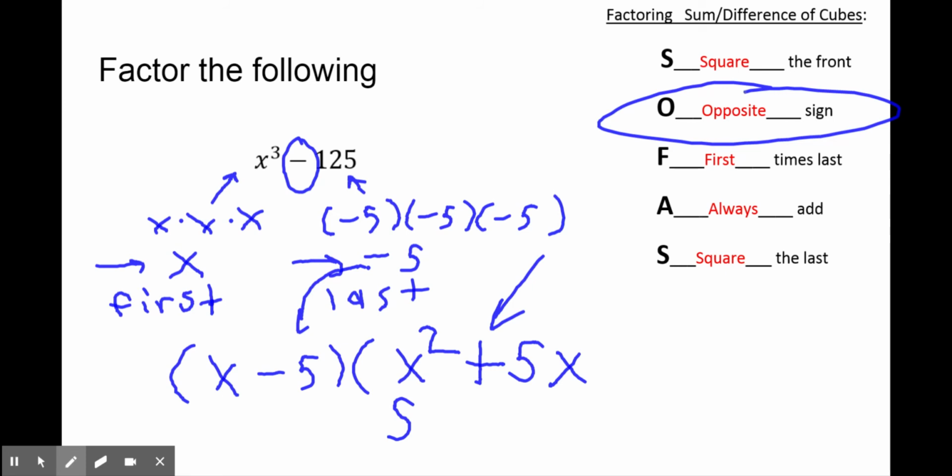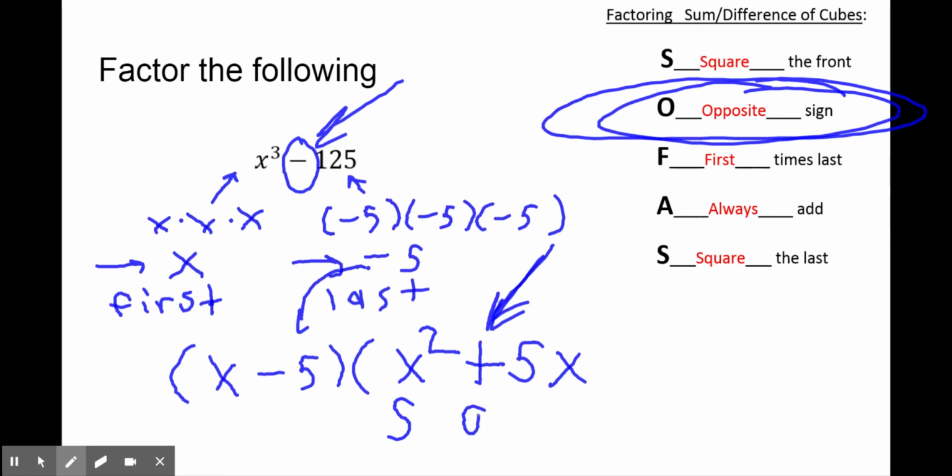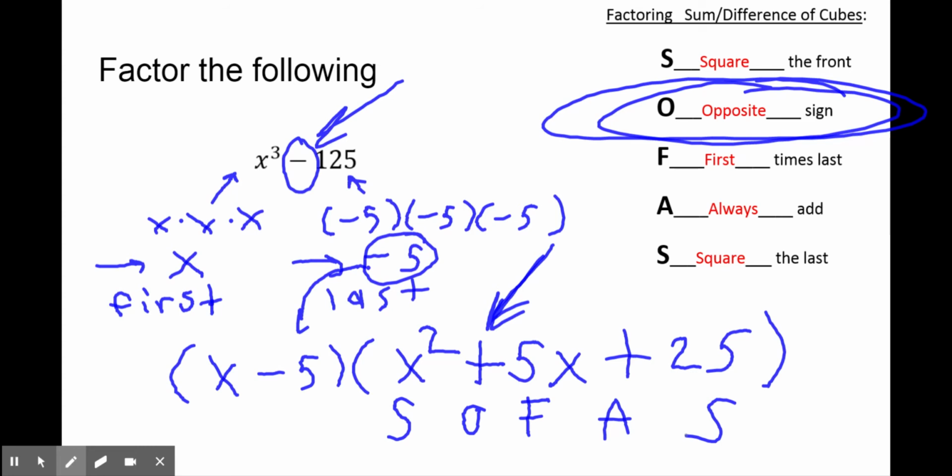So even though it was a negative 5 times x, we're going to keep whatever that sign was opposite of the x to the third, so the negative is going to be a positive. So x squared plus 5x, always add, then square the last, or negative 5 times negative 5 to get 25. That would be your answer.